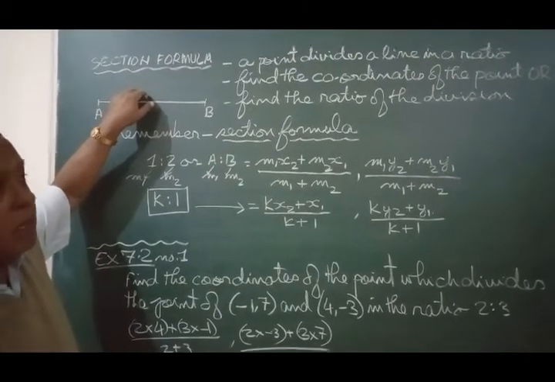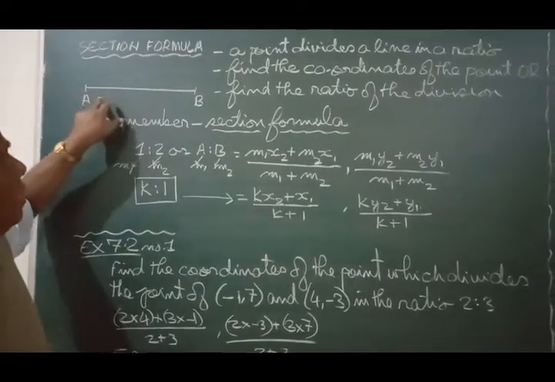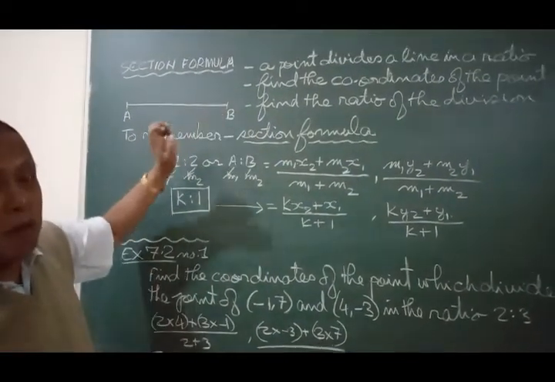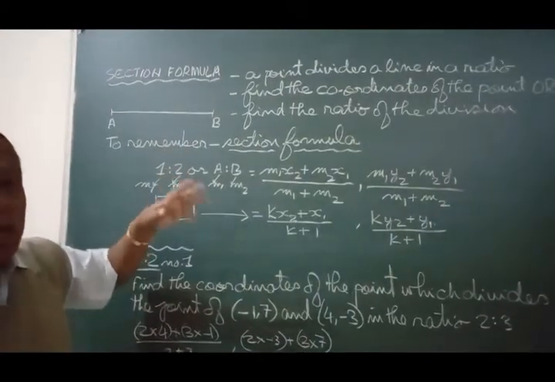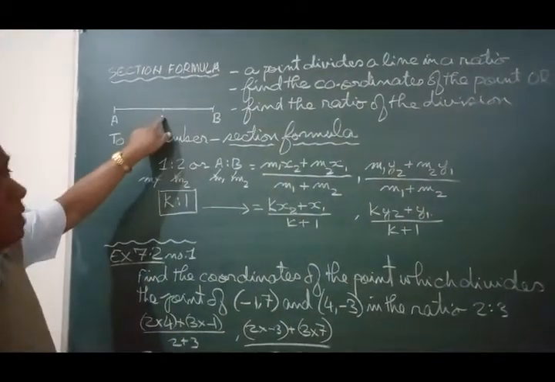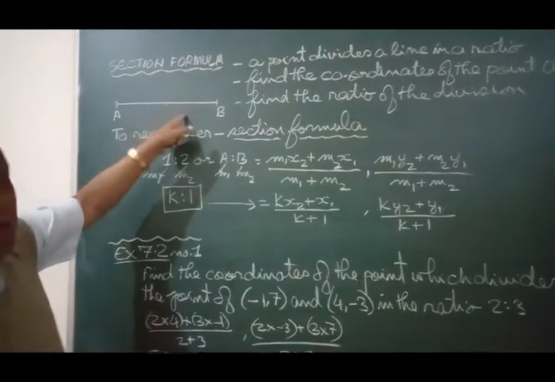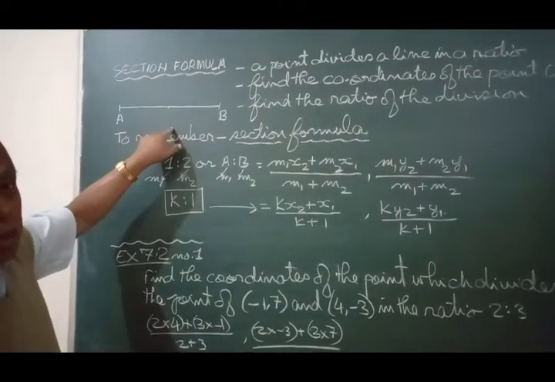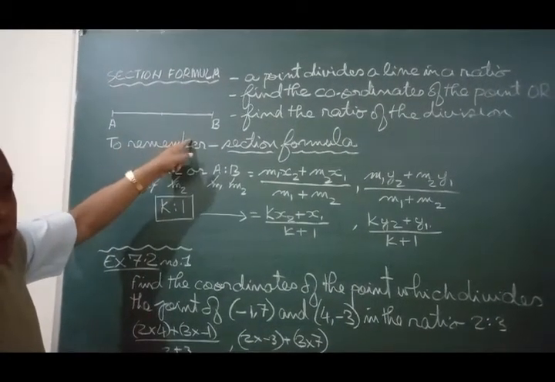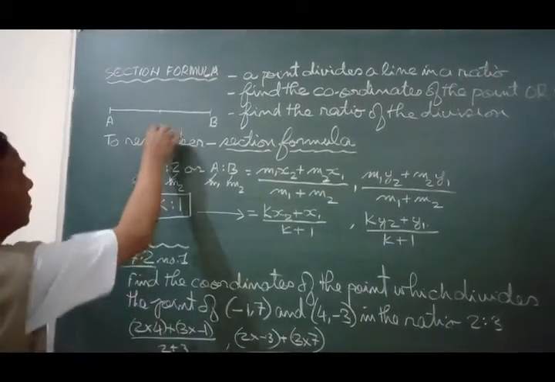What do we mean by that? Look at this line here. Point A, point B. Now this line can be divided into equal parts. If you put a point here, then this point divides it into equal parts. So we must find the coordinates of this point and the ratio, 1:1. Imagine something else.